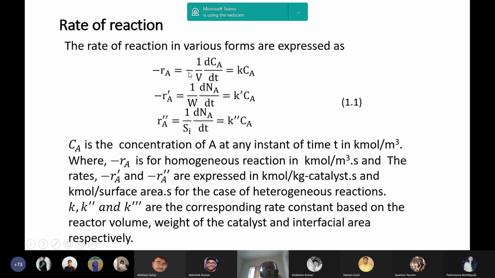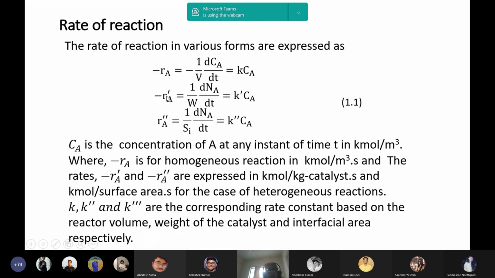And minus 1 by V dCA dt is the reaction rate, and the reaction rate is expressed per unit volume. But if it is expressed per unit weight of catalyst, then 1 by W will come. And dNA dt is the rate of change of mole.